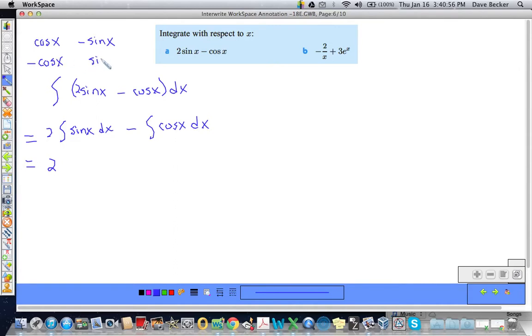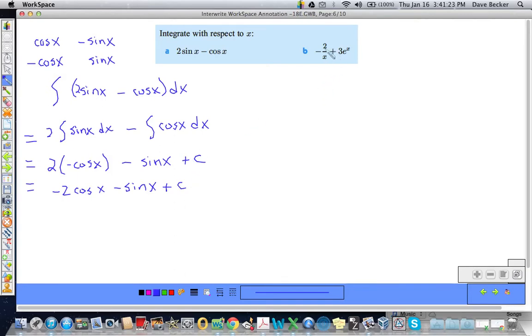So that gives me negative cosine x minus, and the integral of cosine x is sine x, because if I take the derivative of sine x, I get cosine x, plus c. And we should clean this up to negative 2 cosine x minus sine x plus c.